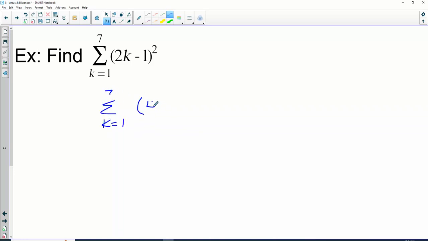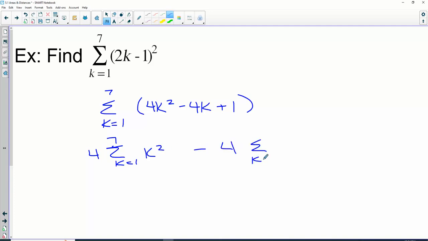So that would become 4k squared minus 4k plus 1. So then we do it like the previous problems. 4 times the sum from 1 to 7 of k squared, minus 4 times the sum from 1 to 7 of k, plus the sum from 1 to 7 of 1.